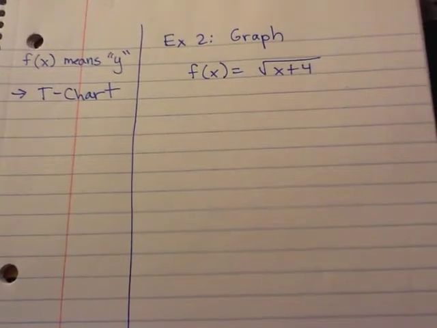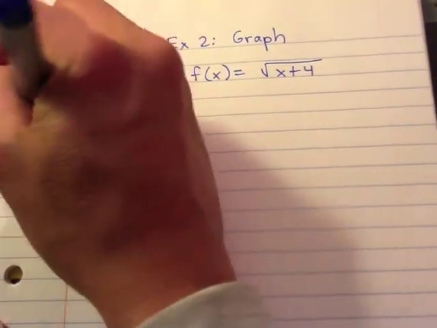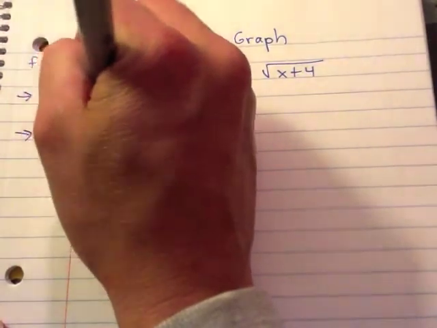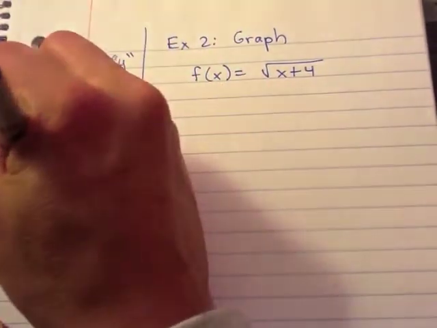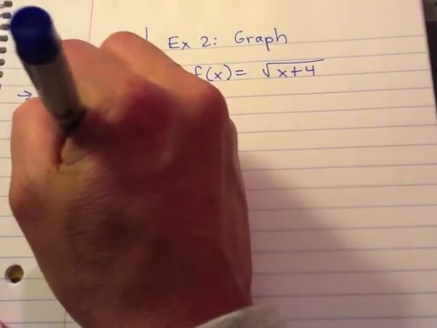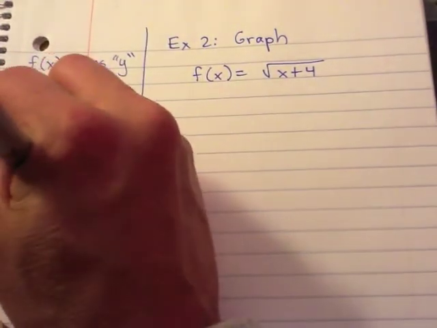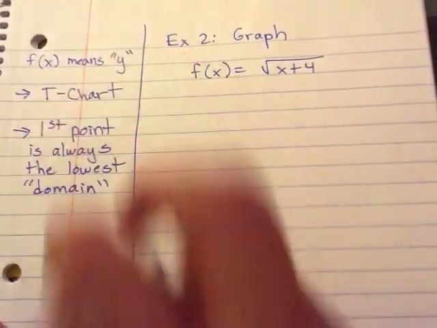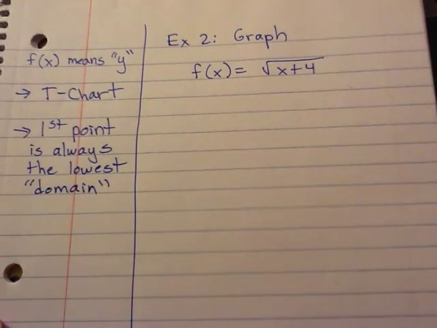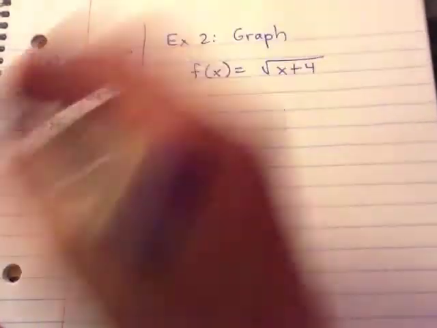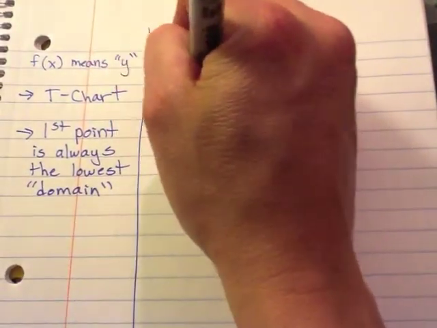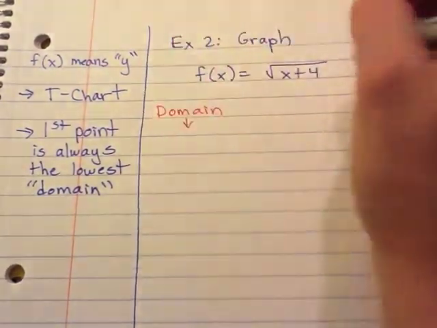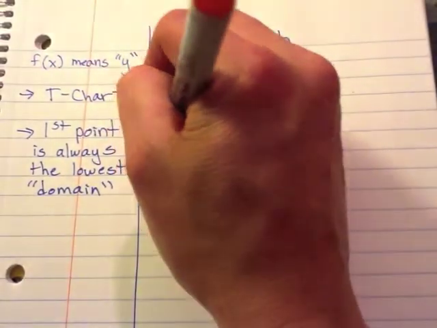And so your first point is always the lowest domain. So you're always going to find your domain first. Okay, so what I mean here is I'm just going to look at domain. And remember, we just learned to find domain, part under the square root, set equal to 0.